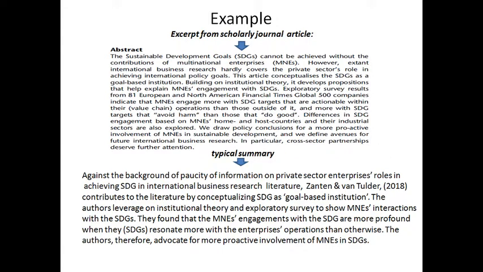The authors leveraged institutional theory and an exploratory survey to show MNEs' interaction with the SDG. They found that the MNEs' engagement with the SDG is more profound when the SDG resonates more with the enterprise operation than otherwise. The authors therefore advocate for more proactive involvement of MNEs in SDGs. So this is a typical summary of the above excerpt.